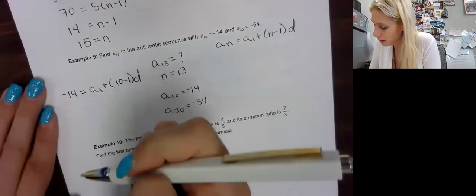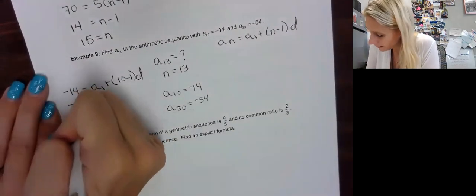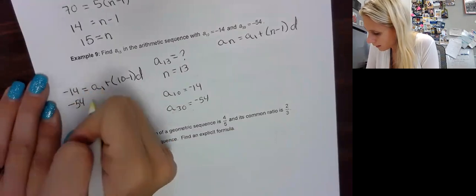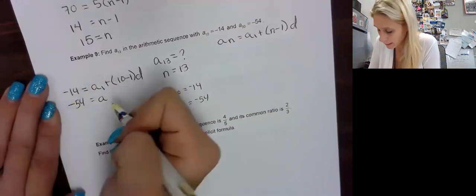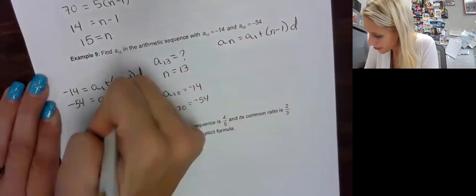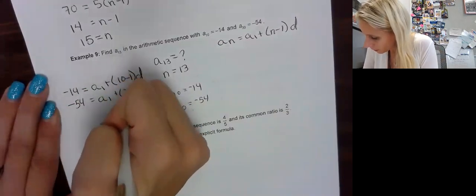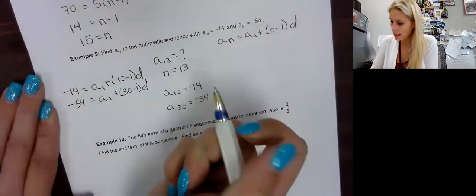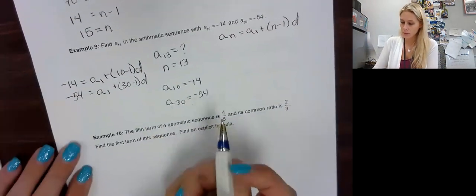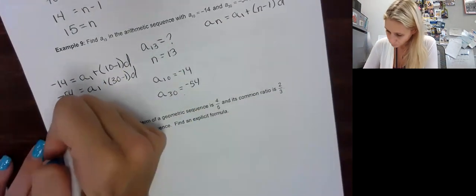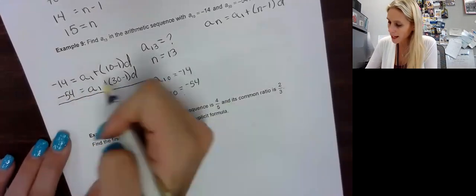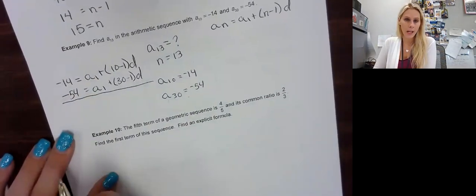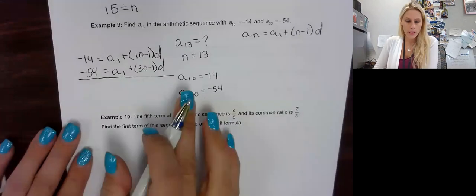A subset 30, that's negative 54, equals a subset 1 plus 30 minus 1 is d. And now look, guys, this is a system, right? So I actually can subtract these straight down and come out with d, right?